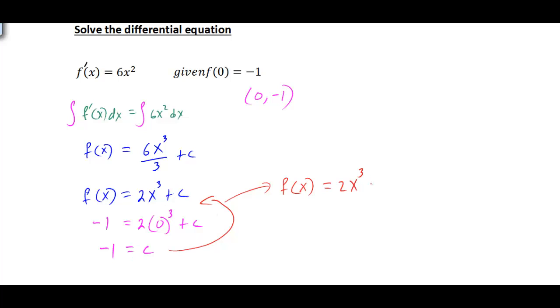Well, we know our c value is negative 1. So there, the solution to this differential equation is f of x equals 2x cubed minus 1. Now again, the only way that we can solve for this constant c is if we're given some other information so that we can find the value.